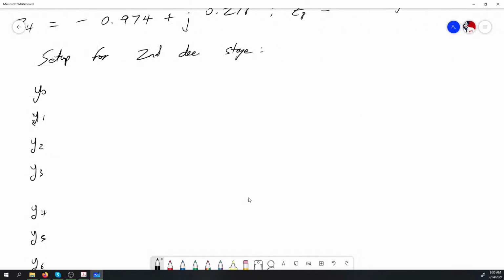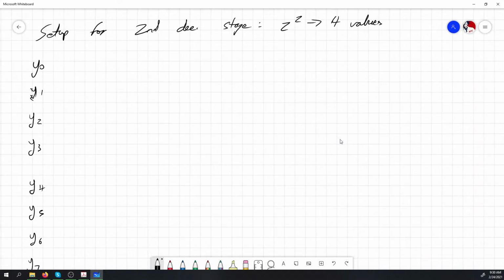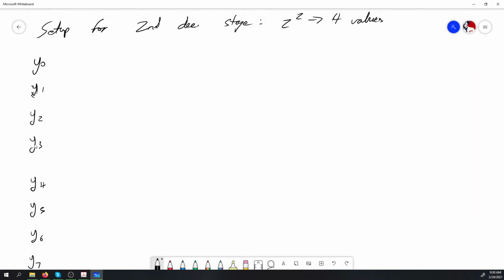So this being the second decimation stage, this is 2 to the 2, which means every 4 values you're going to be dealing with. And because it's every 4 values, that means that of each of these 4 values, 2 of these values will not have twiddle factors, but these 2 values here will have twiddle factors.